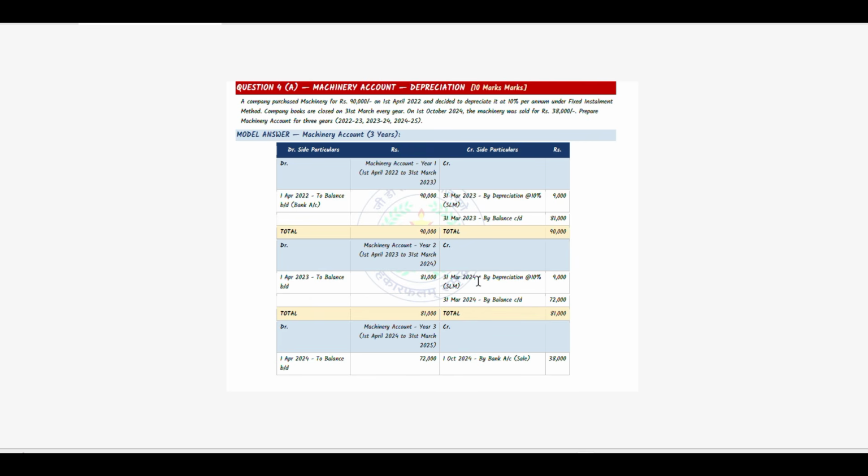So on 31st March 2024, depreciation at 10%, that is SLM, straight line method, 9,000 rupees we reduce from 81,000. So it comes to 72,000 rupees. So 81,000 here, and then we add that to tally this account. So 81,000 rupees here also.